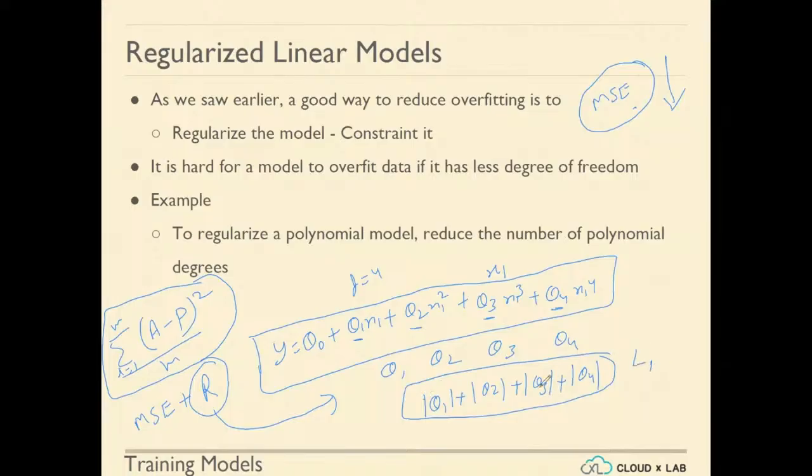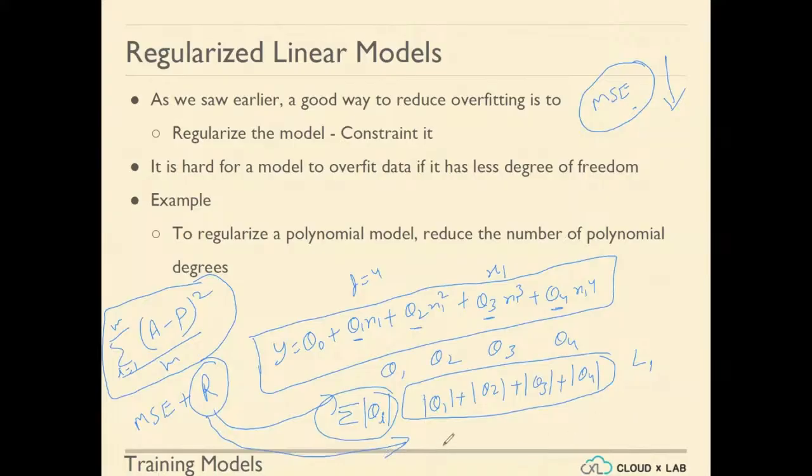Why L1? Because we are taking the L1 norm of these theta values, right? In case of L1, we have this function, summation of absolute theta i. The other regularization is L2 regularization. In case of L2, we will have the L2 norm.